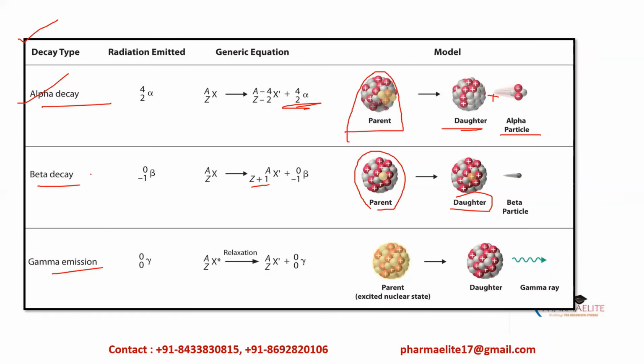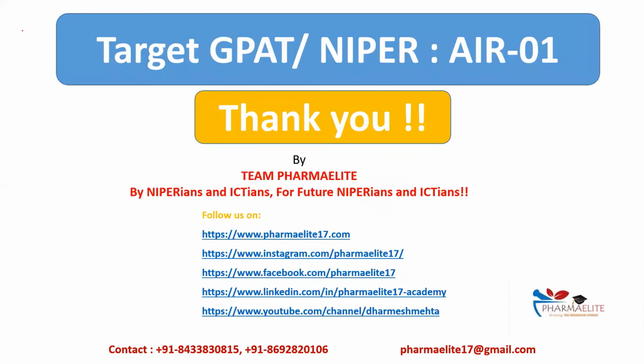Beta decay is of 2 types, positron and negatron. In positron the atomic number will be Z-1, and in negatron the atomic number will be Z+1. Correct. And gamma emissions will be accompanied by alpha or beta or any other decay modes. Whenever it is a partially excited state or metastable state, at that time the gamma emission will occur. So this is the generalized picture.